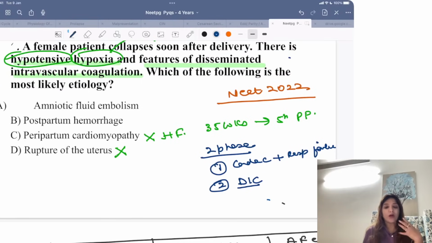So whenever the question mentions breathlessness, difficulty in breathing, hypoxia, all that points towards respiratory failure. Now they are saying hypotensive, which means yes, there is cardiac failure also, and they are telling you there are features of DIC, so it has to be amniotic fluid embolism.